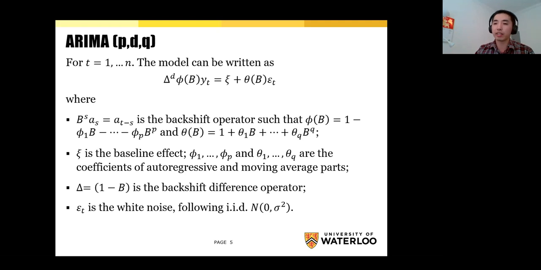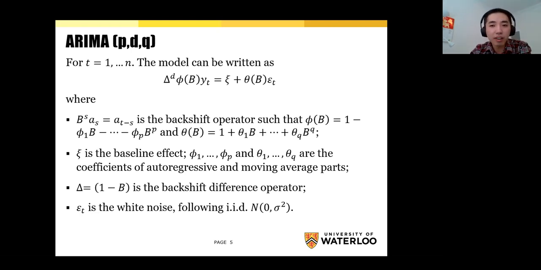Then you look at the difference between the next day and today, and you take that difference as your next data point. By doing this, your data set will more or less follow a well-known distribution. The baseline distribution we are assuming here is simply white noise, following a normal distribution with mean 0 and a constant variance sigma square.